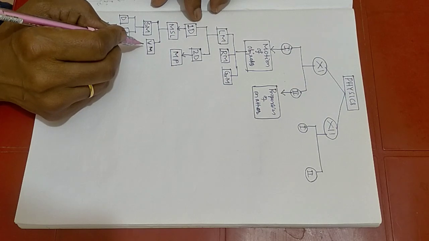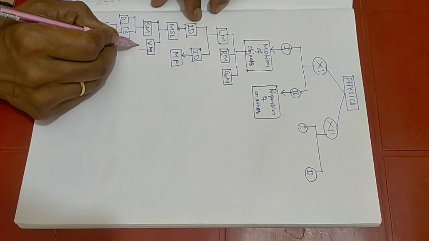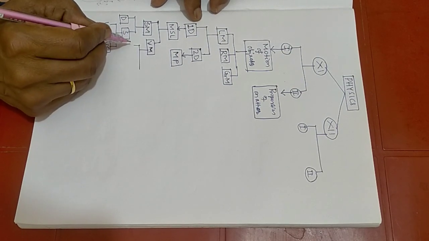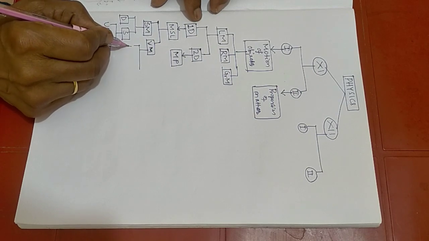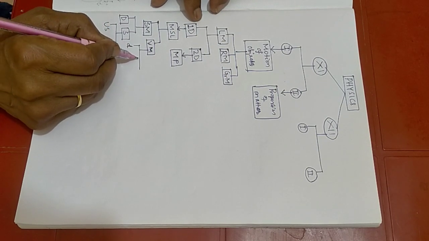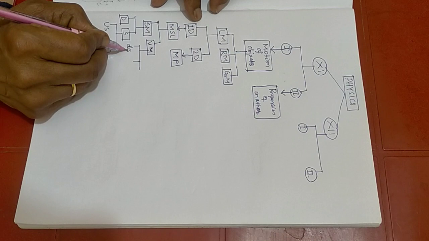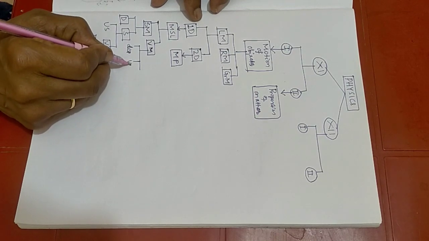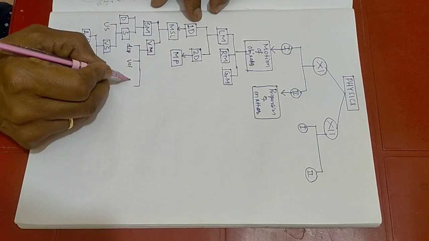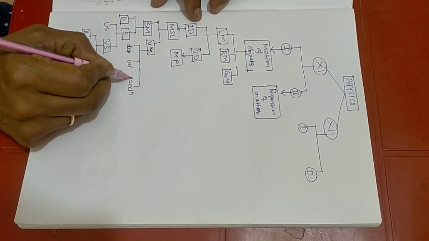Whereas vector motion will cover three terms. One will be displacement, another is velocity, and third one is acceleration.